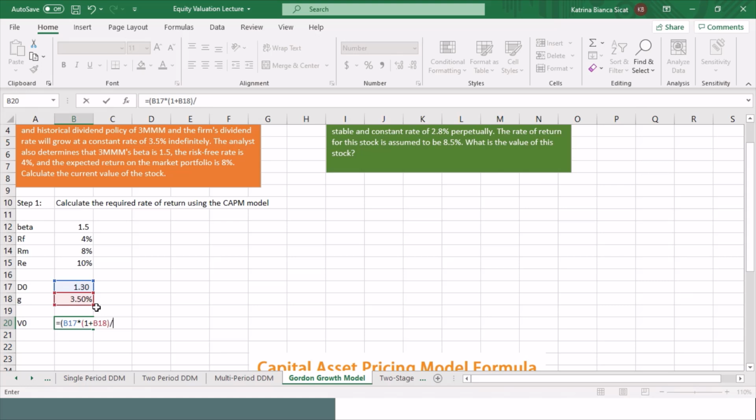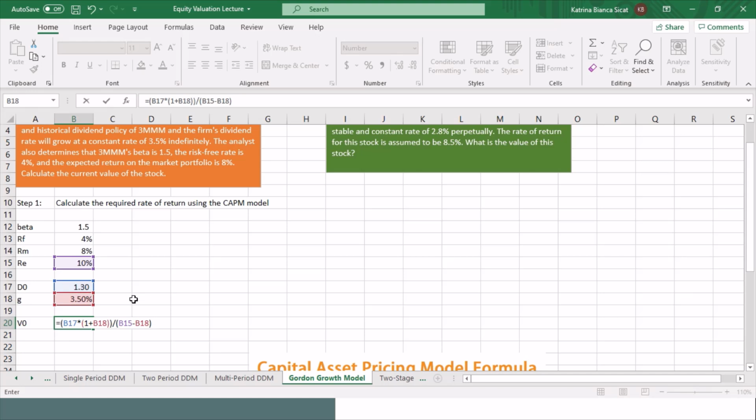Okay. Divided by, I think I need kailangan natin ng isa pang ano dyan. Para hindi magkamali yung Excel sa operations natin, ano? Kasi, pagka mali na yung ano mo, pagka nagkamali ka na ng parenthesis dyan, di niya na alam ano yung minumultiply niya. Kaya ako, very generous ako dyan sa mga parenthesis ko. Okay. Divided by your rate of return, which is 10%. Minus your growth rate, which is 3.5.